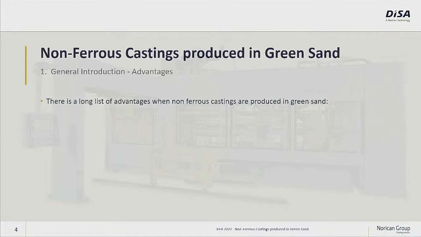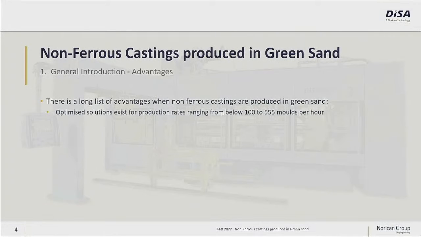Of course, they depend on which process the castings were produced in before. So the list I will show you today can be seen more as general benefits covering most of the different processes. But of course it will be specific to the process that we have converted into a green sand casting.